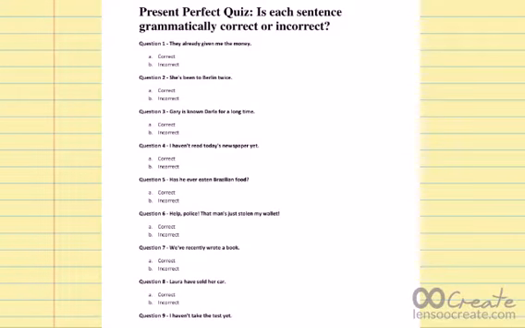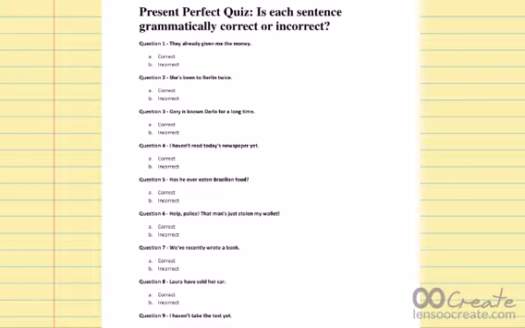Now, here we have the typical exercise that I want you to do at the end of each video lesson. Remember that these questions are the ones I want you to answer on a piece of paper. This time, you just need to tell me if these sentences are right or wrong, if they are correct or incorrect.